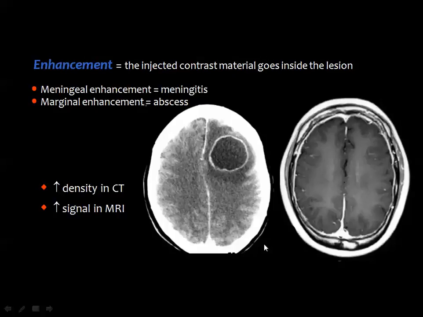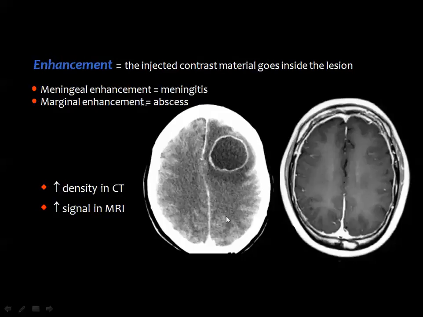And we have two very common appearances after injection of contrast material. The first appearance is that we see here in an MRI image after contrast injection, where you can appreciate that the meninges covering the surface of the brain are thickened and enhanced, and this will help to diagnose meningitis.